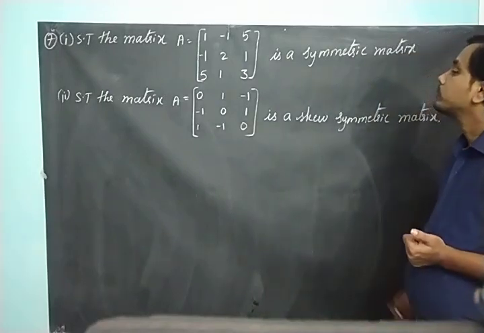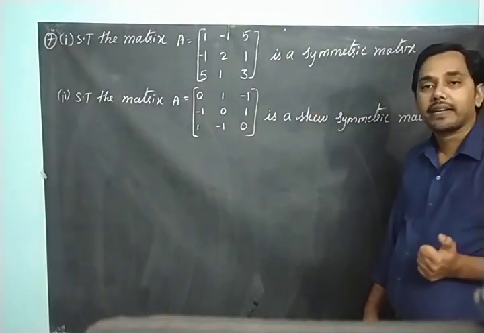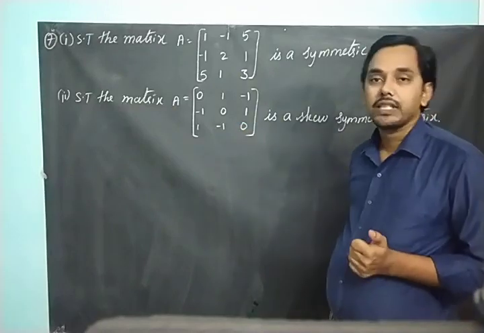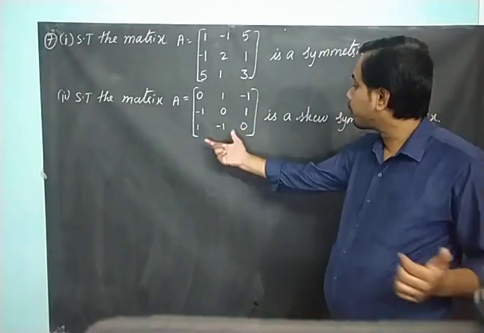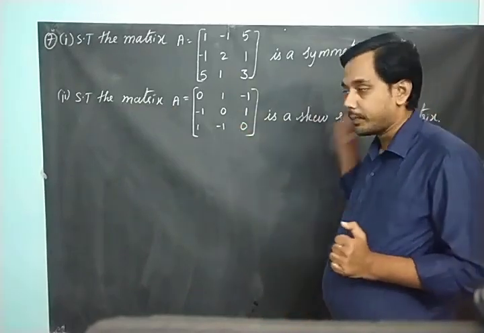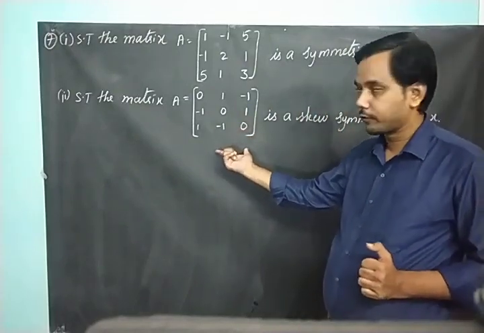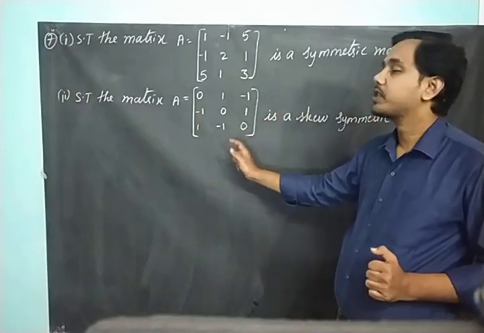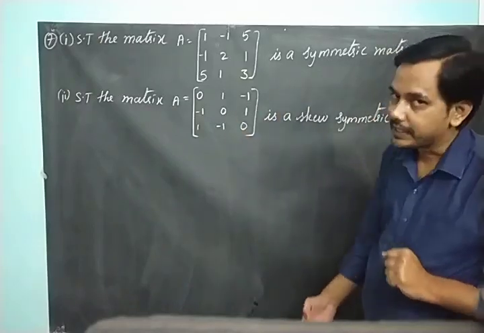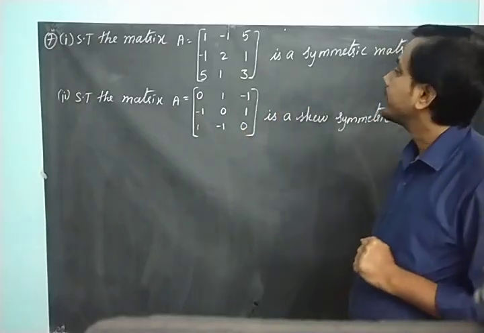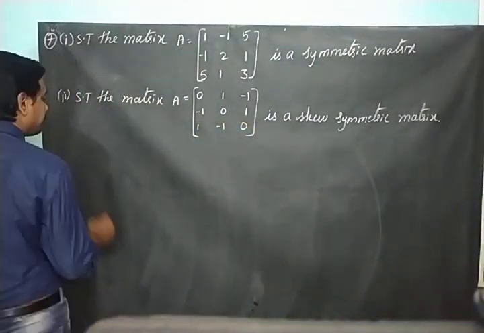In the second case, what is a skew symmetric matrix? Once you take the transpose of this matrix, if you get the negative of the original matrix, then we call it a skew symmetric matrix. Okay, so let us start with the first one.